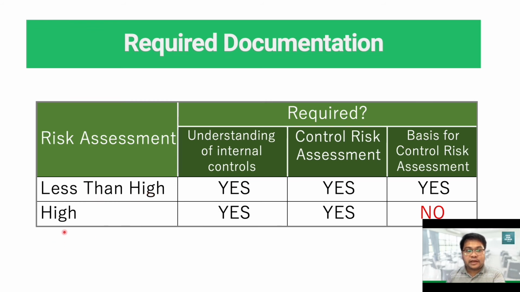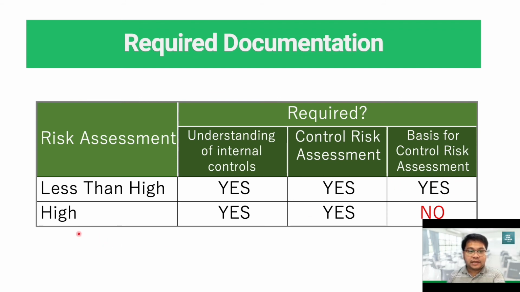When we assess control risk as high, that means we will be performing more substantive tests. So we need to justify ourselves only if we expect to perform fewer substantive tests, because if we perform fewer substantive tests, there should be a basis for doing so, and that will be the test of control.